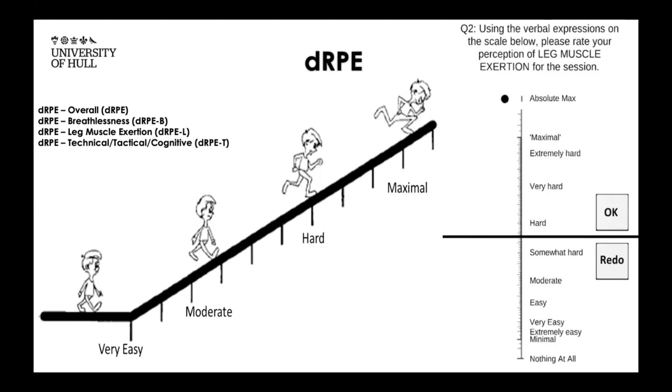And also, just to make reference to Sean McLaren's presentation earlier, we opted for the English idiom of hard as opposed to heavy, because let's face it, if a kid's coming off a pitch playing a small-sided game, they're not going to say that was heavy. It's going to be a hard game. It's just what we prefer, language-wise.